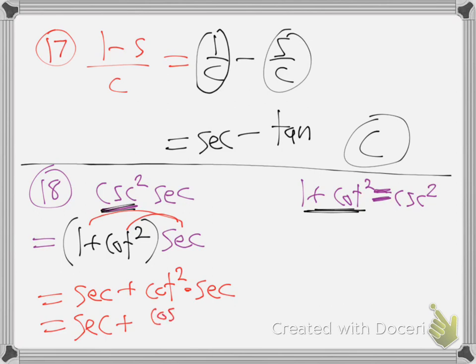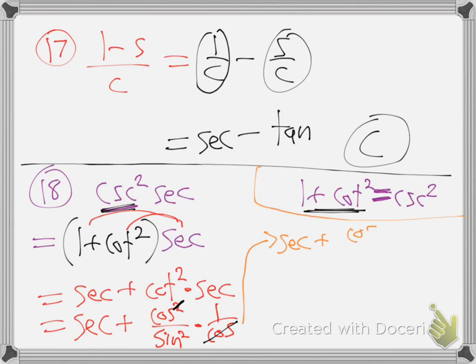So that's going to be cosine squared over sine squared. And what is secant? 1 over cosine. And then you can cancel this cosine with one of those. I get secant plus cosine over sine squared. I'm running out of room, running out of time.